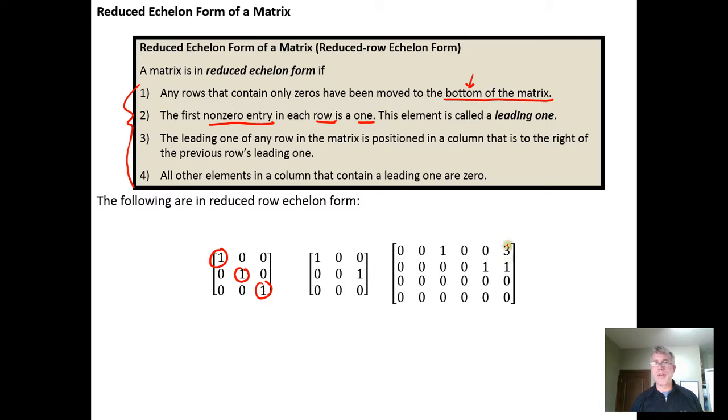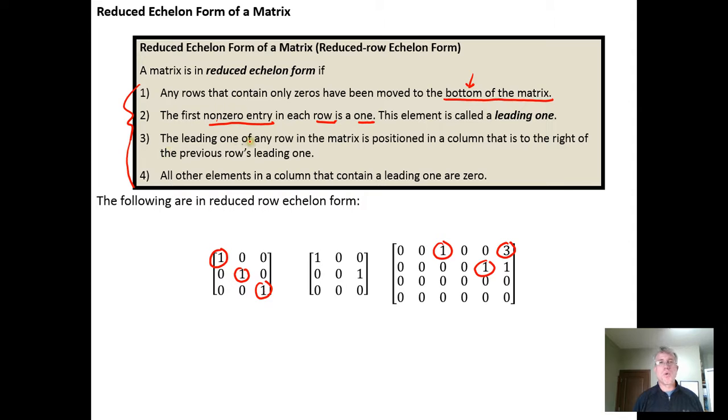Over here we have a non-zero entry that isn't a 1, but we still meet this criteria because the first non-zero entry in that row is a 1. So it's okay for a row to have non-zero entries that are not 1, but the first non-zero entry has to be a 1 in any given row. So each of these three matrices meet criteria 2.